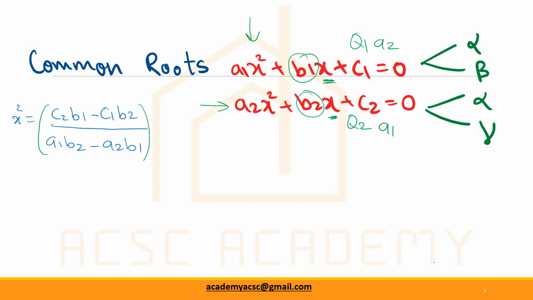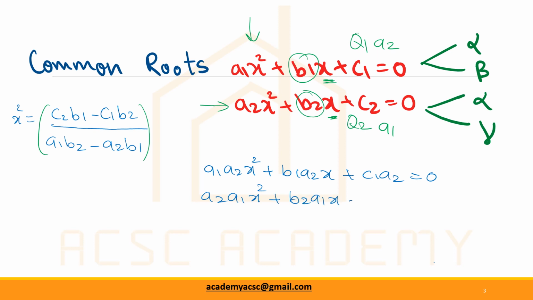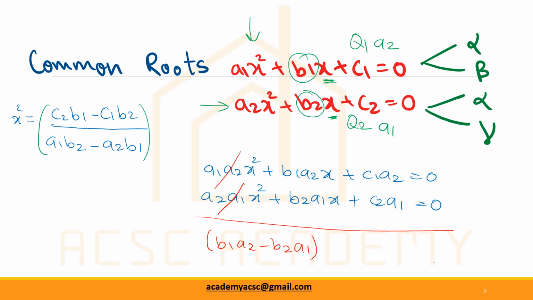By doing so, we will be getting a1 a2 x squared plus b1 a2 x plus c1 a2 equal to 0 and a2 a1 x squared plus b2 a1 x plus c2 a1 equal to 0. Now when we subtract them, the first term will be gone and we will get b1 a2 minus b2 a1 x plus c1 a2 minus c2 a1 equal to 0.